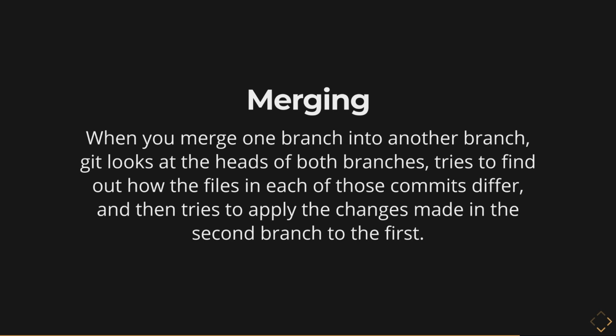Remember that a branch is just a label that you put on a commit. So when you merge two branches, you take the head of those two branches, and those are the commits that will be folded together, merged together into a new commit.